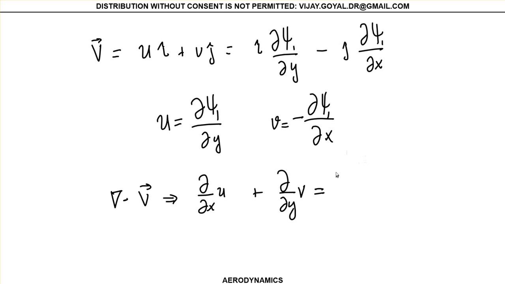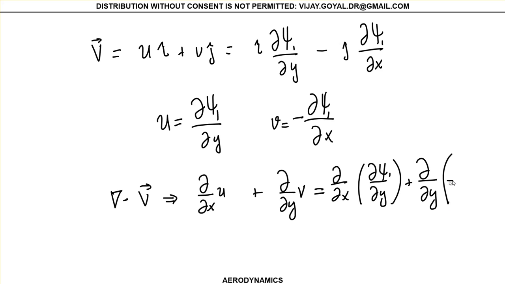And I replace this, get partial with respect to x, partial psi with respect to y, plus partial of y, minus partial of psi 1 with respect to x.